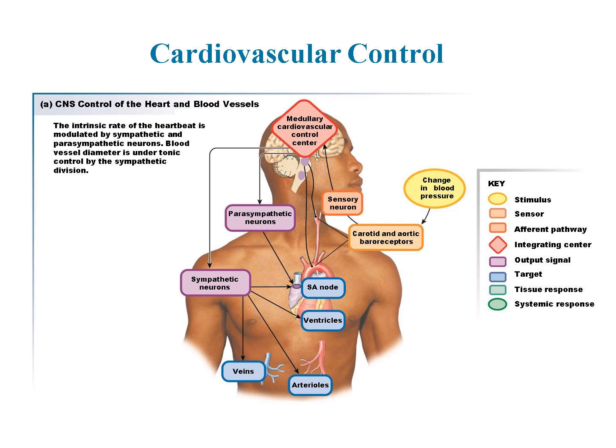Changes in blood pressure are detected by specialized receptors known as carotid and aortic baroreceptors, which continuously monitor pressure levels in the major arteries. When blood pressure increases or decreases, these receptors send signals to the brain through sensory neurons, providing real-time feedback on the body's circulatory status.